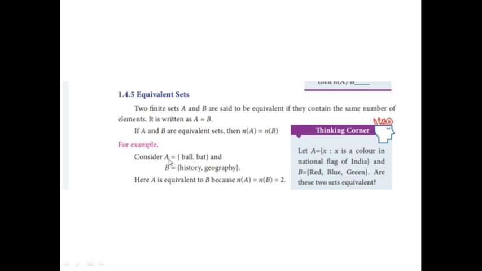See here, n(A) is 2, and n(B) is also 2. So there are two elements in each set. Since n(A) is equal to n(B), we can say they are equivalent sets. A is equivalent to B. Can you all understand? If the number of elements of two sets are equal, then we can say they are equivalent sets.